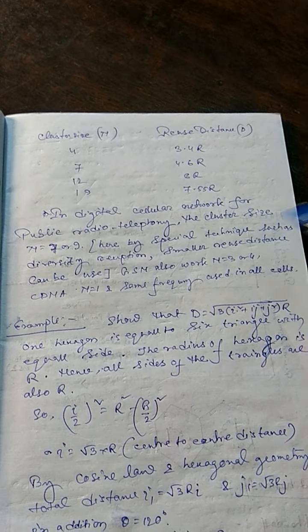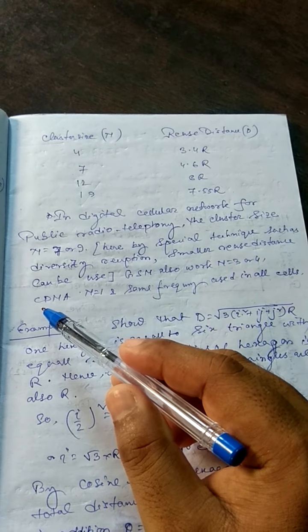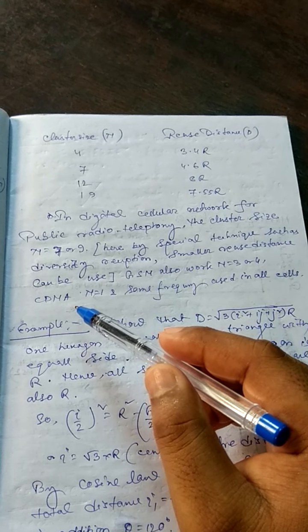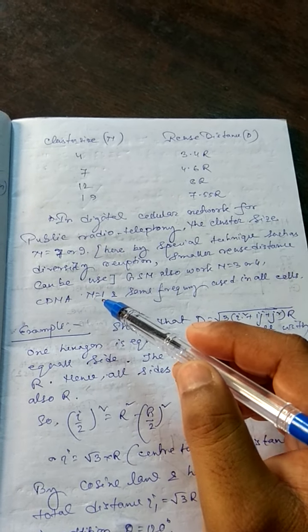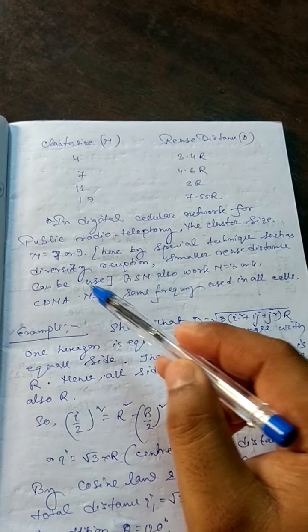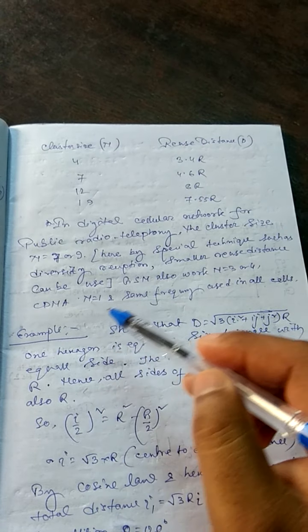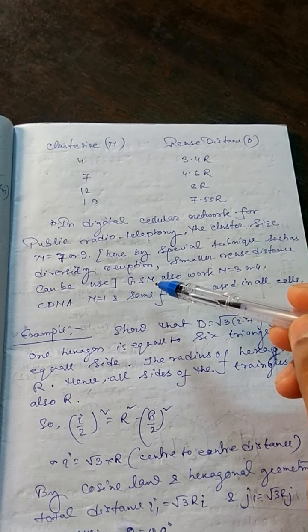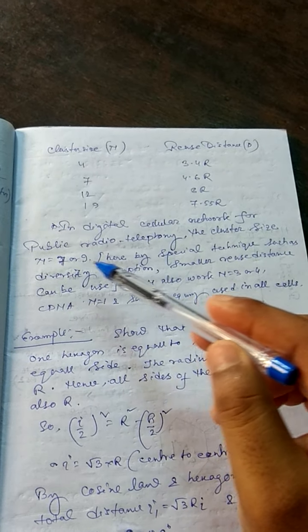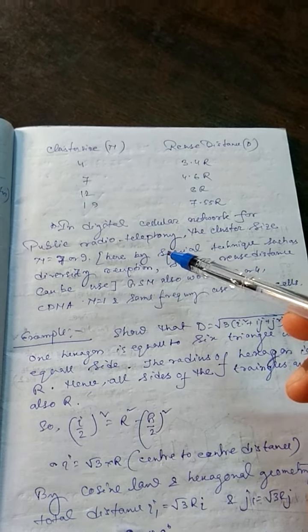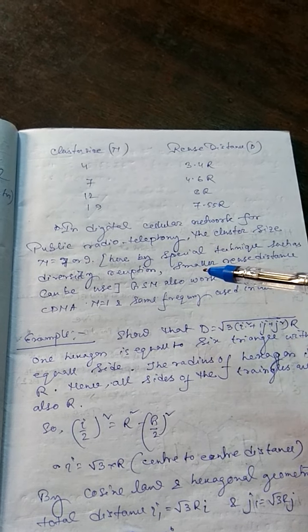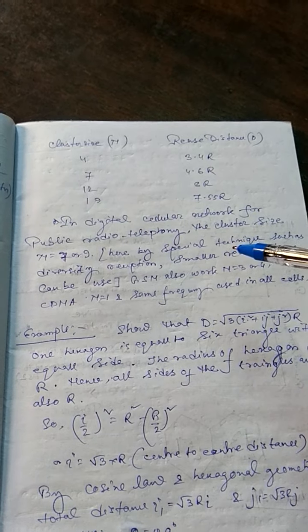For CDMA, the code division multiple access technique, the cluster size is n, which means the frequency reuse distance in CDMA is almost negligible. But for GSM and other public radio telephonic systems, as per that chart we have to calculate the frequency reuse distance.